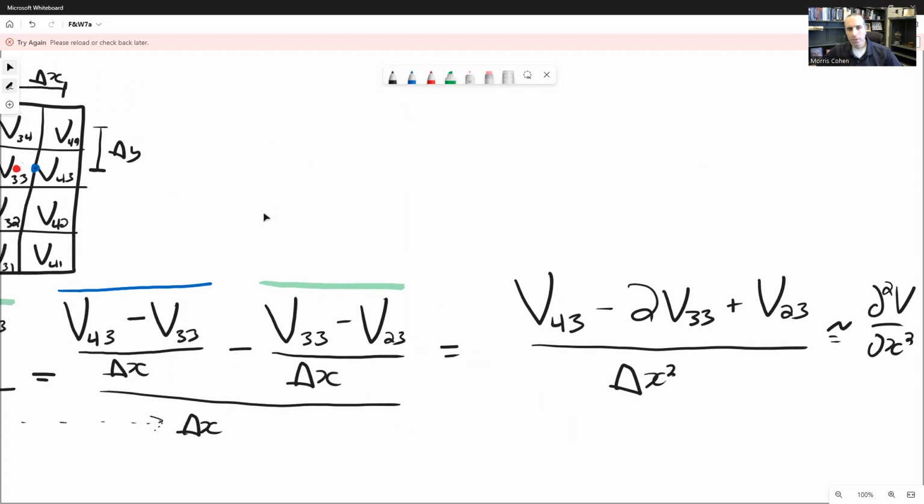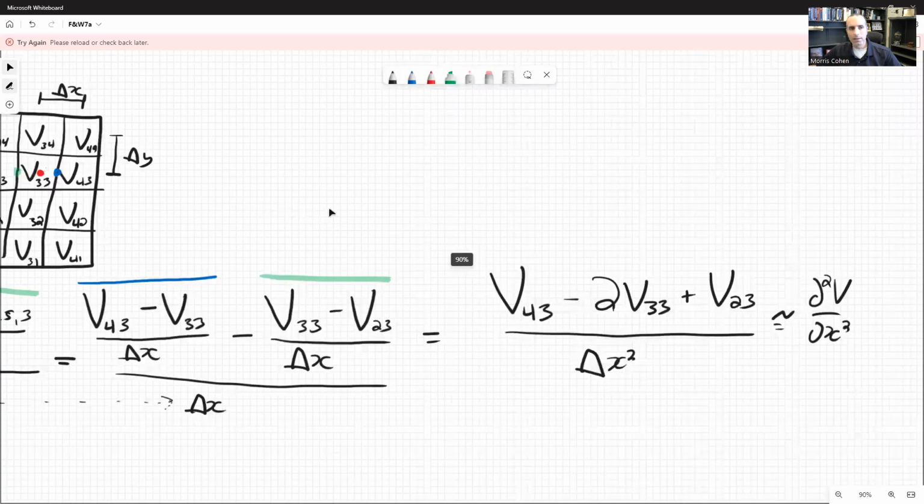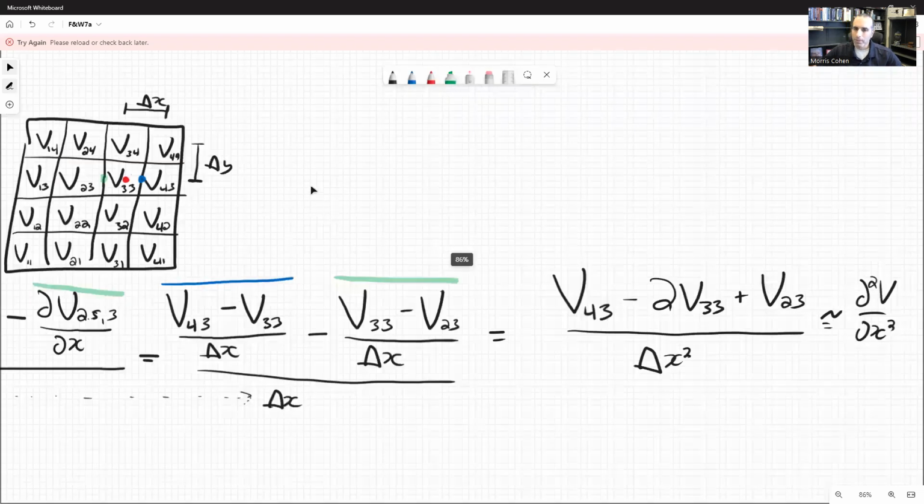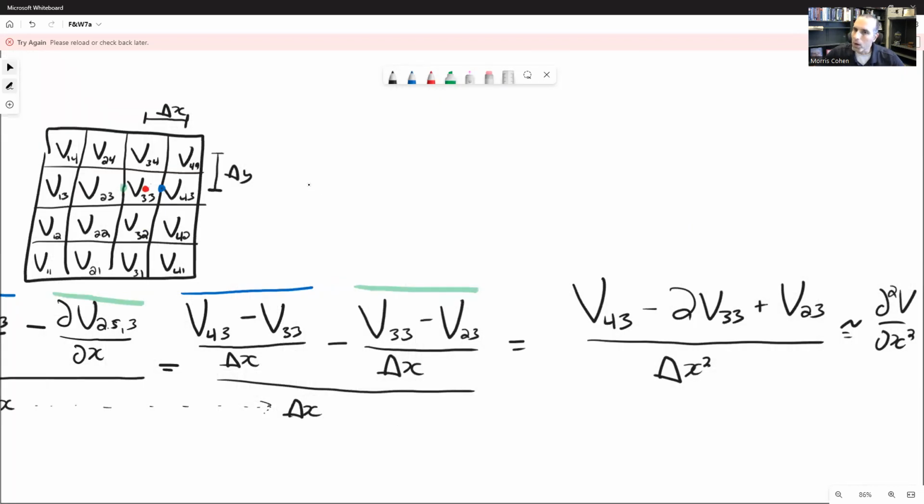And notice immediately that unlike the Gauss's law numerical approximation, all of these points are right on our grid. V33 is right here, V43, V23, those are actual cell points where we already have defined our voltage. And so we can now define the second derivative of the voltage in the same places that we define the voltage itself. We don't have a misalignment of the grids, which means that we also are going to define the charge in the same places where we are defining the voltage, and that's a tremendous help.